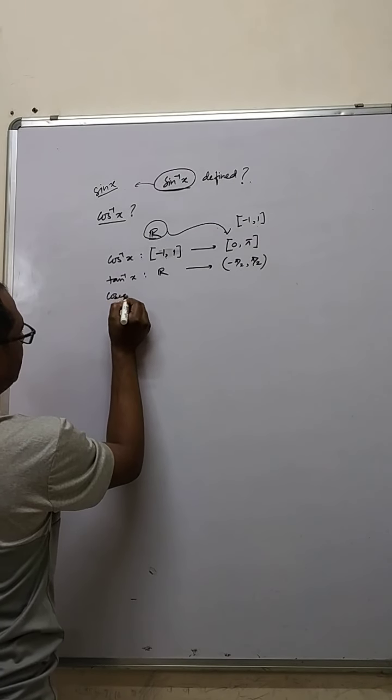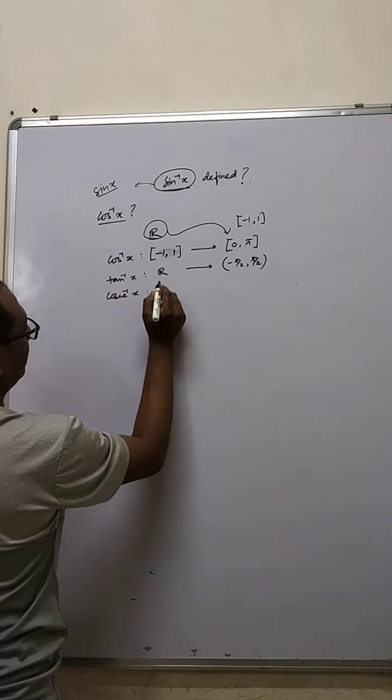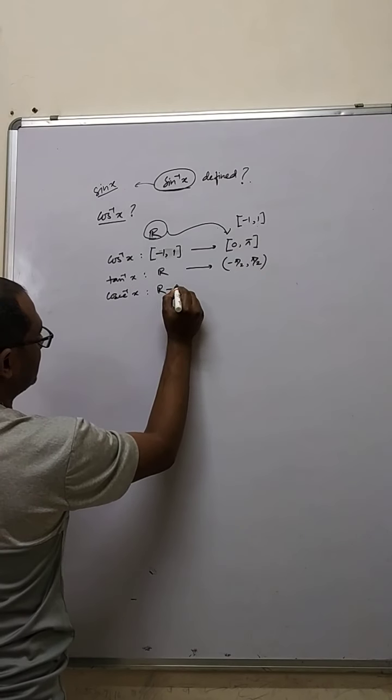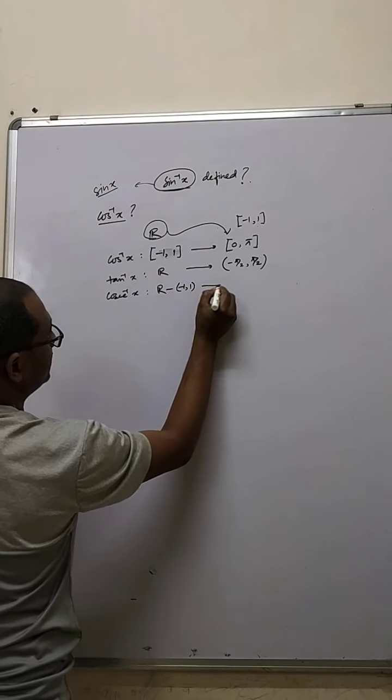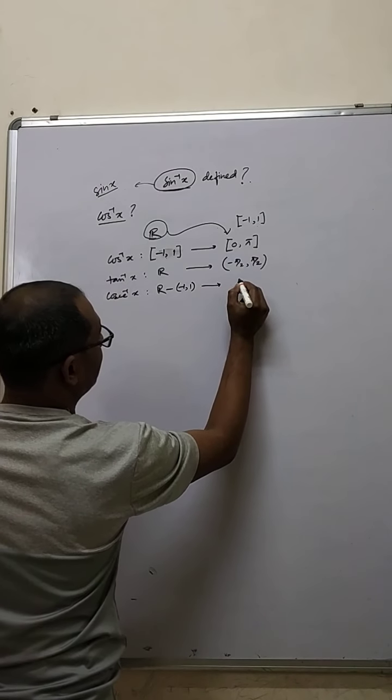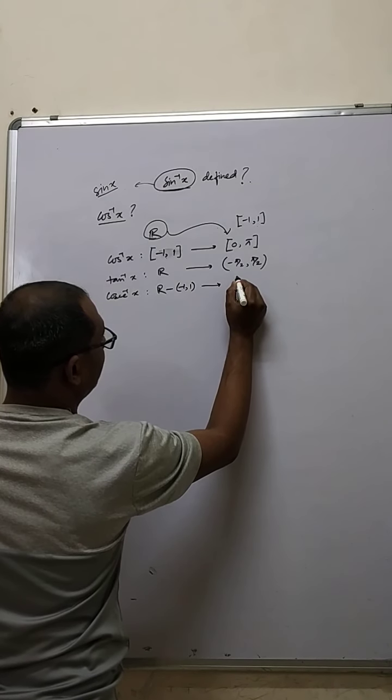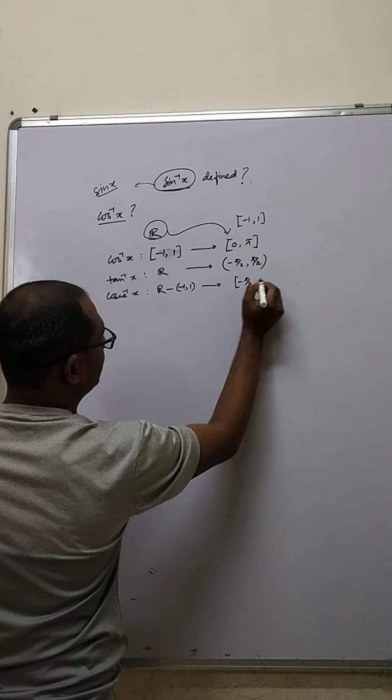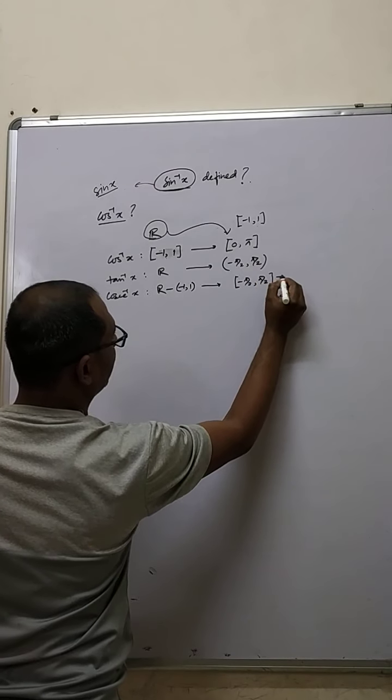Cosec inverse of x will be defined from all R minus (-1, 1) to -pi/2 to pi/2 minus 0.